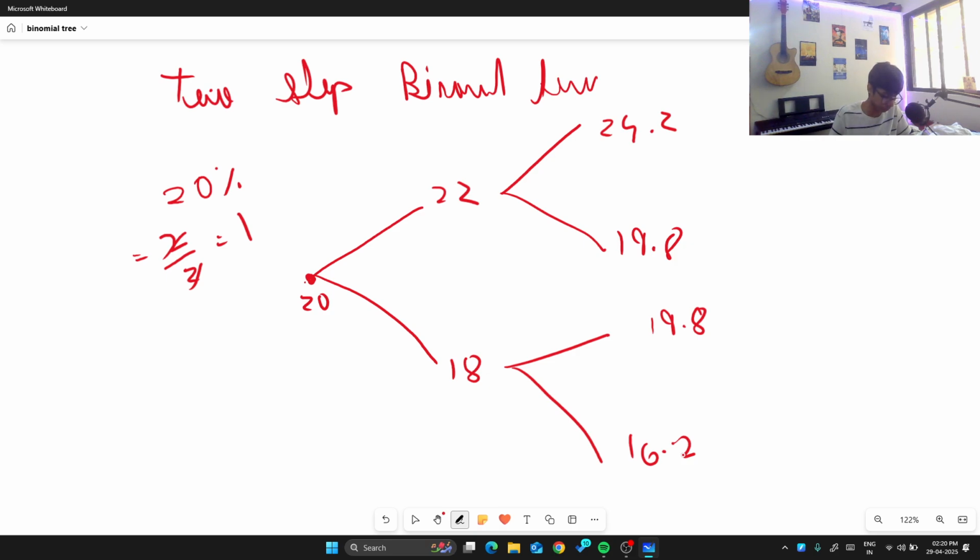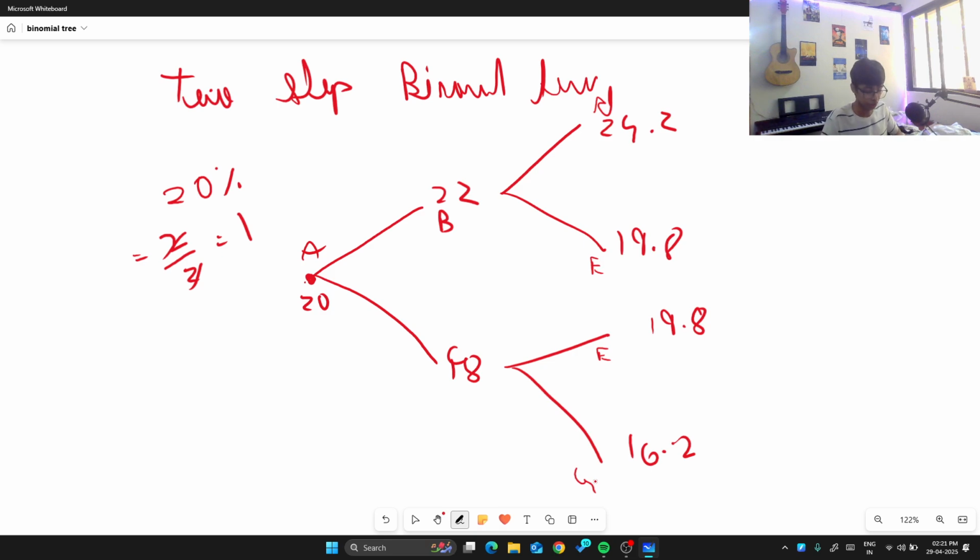And we will denote the nodes A, B, C, D, E, F, G. Let's find the notation with a simple example, then we will generalize it.